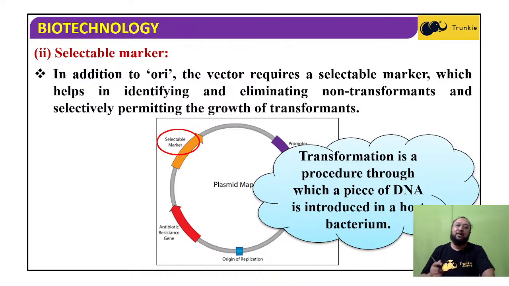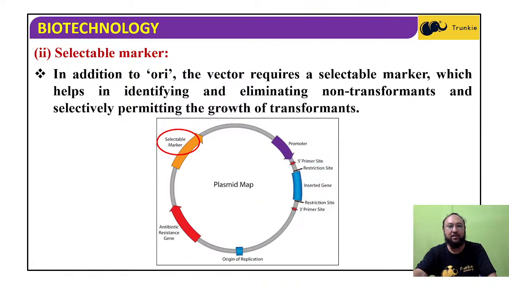Because we need to integrate the alien DNA into the host DNA, that is the transformation.